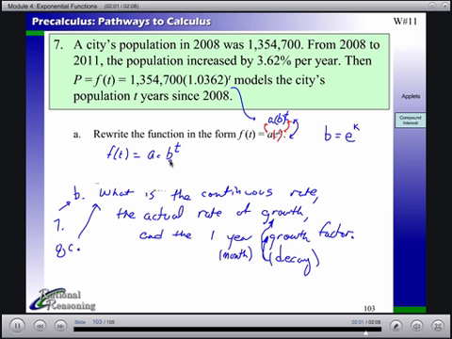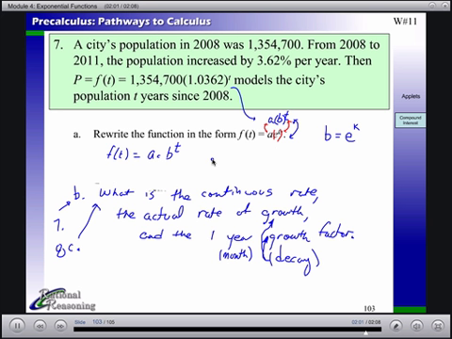So if we advance 10 years into the future, how would we get the new population? Is b to the 10th the new population? What is b to the 10th? Growth factors are about what you multiply by to take the old output and get the new output.